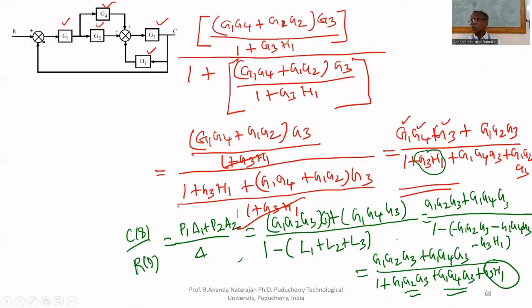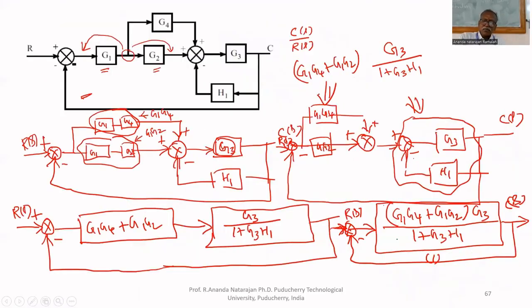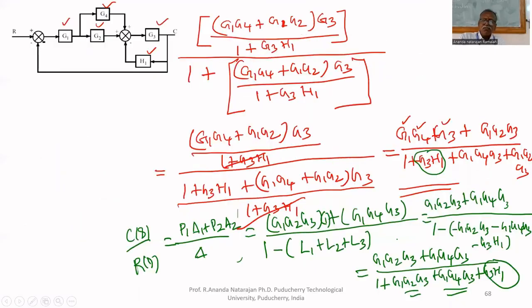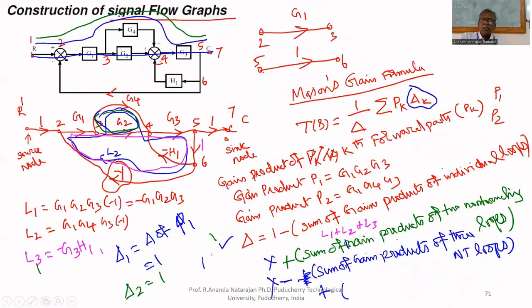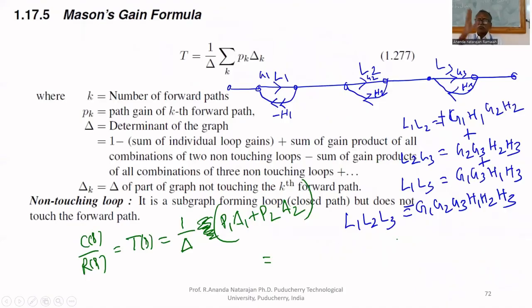Therefore, delta 1 equals 1, and delta 2 also equals 1. What is delta? Delta equals 1 minus the sum of gain products of individual loops, plus the sum of gain products of all possible combinations of two non-touching loops.